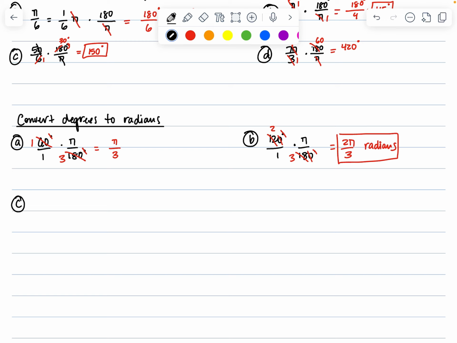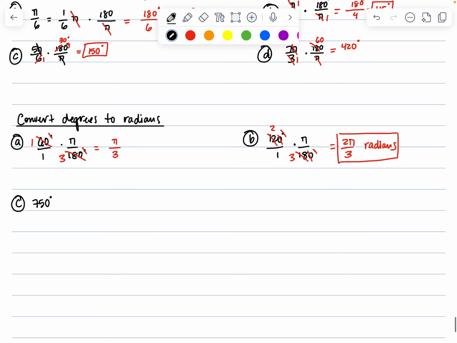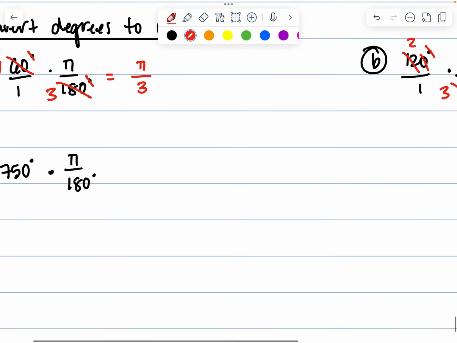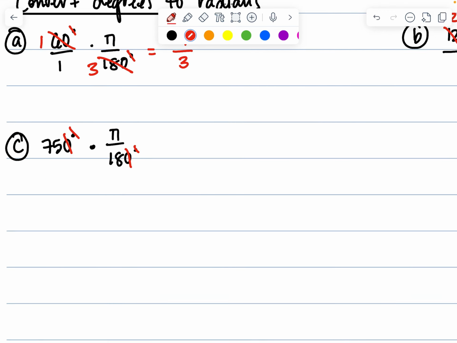Let us do something bigger than a full circle. 750 degrees. So same idea. Multiply by pi over 180 degrees. Degrees will cancel out. Zeros will cancel out. And then 75 and 18, there's a factor that goes into both of them.